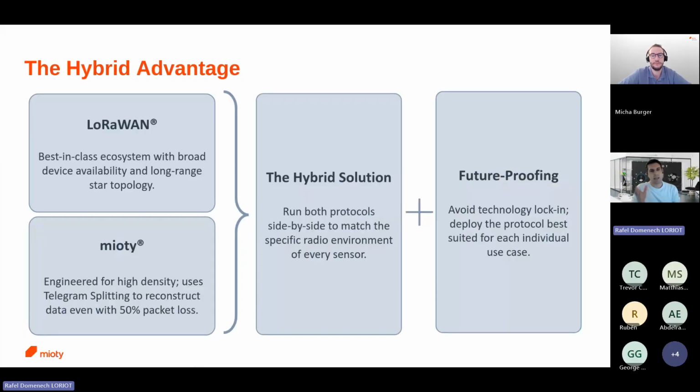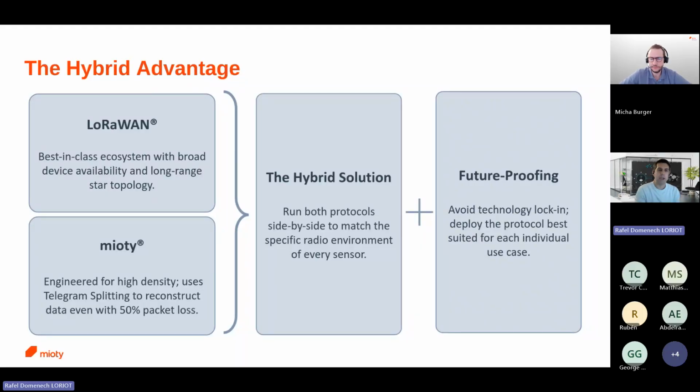What is this hybrid approach? What is the advantage? So we have LoRaWAN, we have also mioty. These are the two main components of this hybrid approach. In the real world, radio environments are not uniform. You might have thousands of devices in a clean rural area and thousands more in a noisy industrial plant. And LoRaWAN is clearly the market leader because of the vast ecosystem it has.